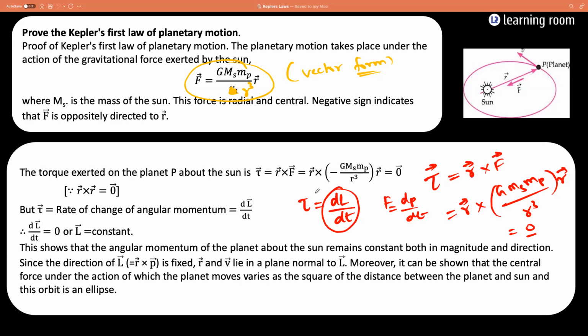When the rate of change of something is zero, that something is always a constant. So here, angular momentum is a constant. This is a very, very important point. When the planets are revolving in this elliptical orbit, the first conclusion we can draw is that the angular momentum of the planet at any point on the path is always a constant.